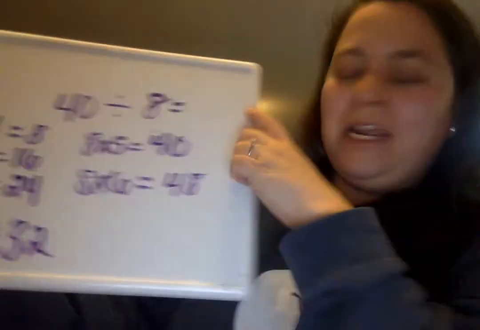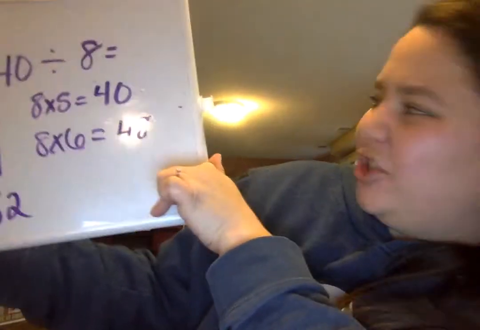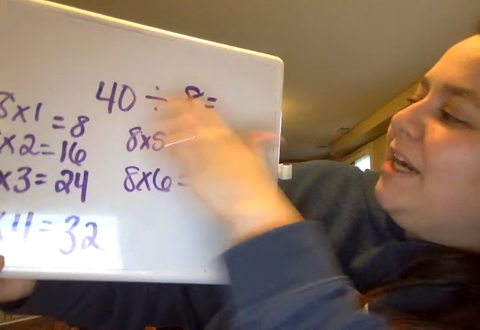Now we have already surpassed 40, but I just made sure that I had 8 times 6 on here just in case, right? So 40 divided by 8. If I were to draw 40 dots on here and I were to make them in groups of 8, how many groups would I have? It's 5.